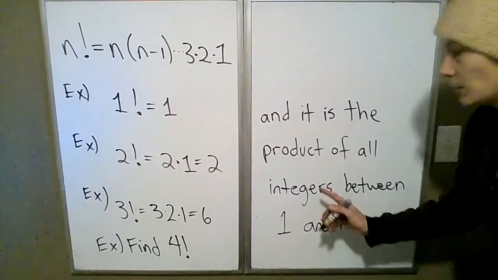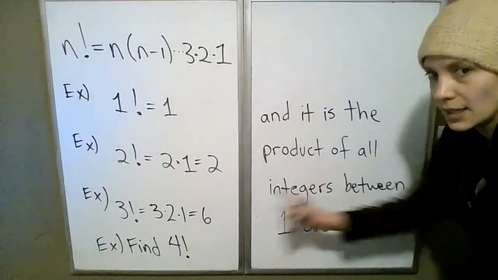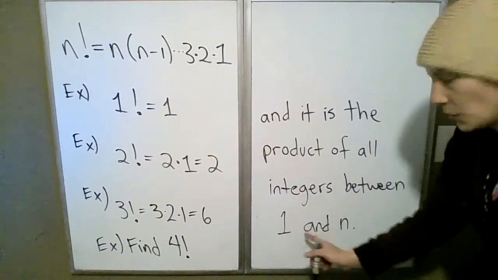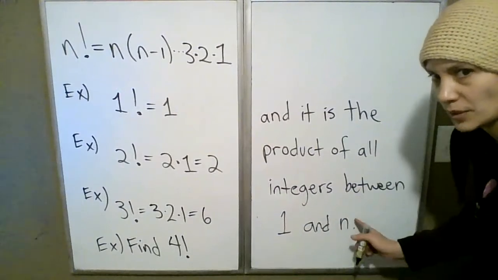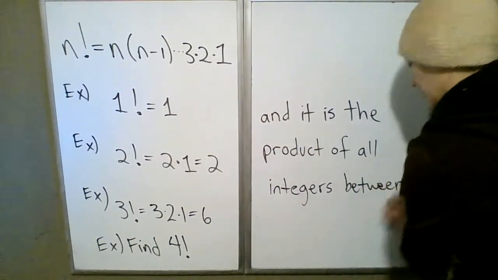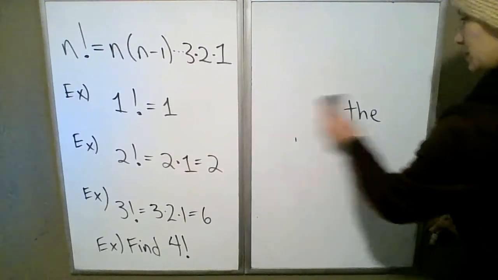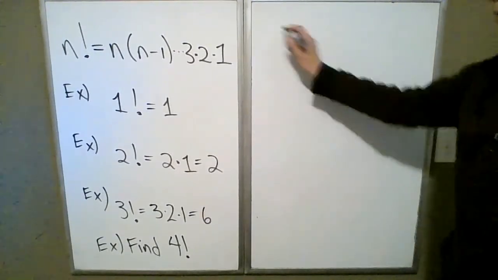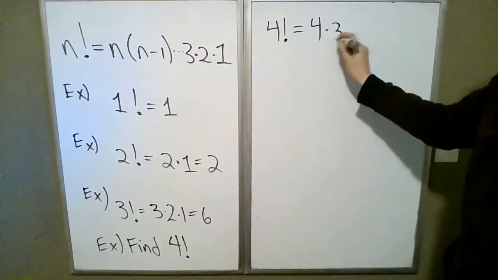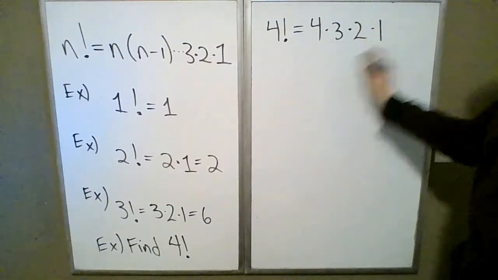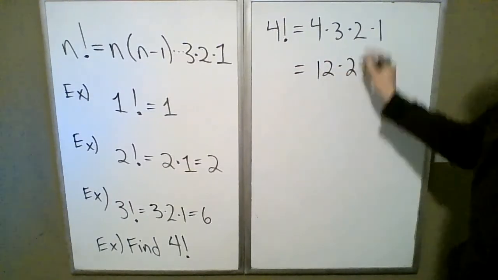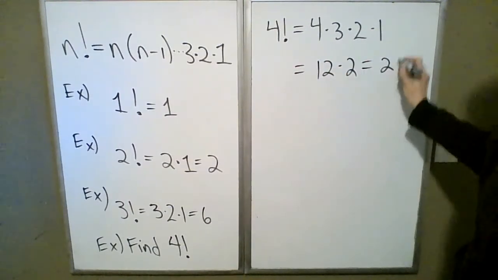Okay, so using this really quickly, 4 factorial is the product of all integers between 1 and 4. So we're going to multiply 4 with 3 with 2 until we get down to 1. Let's see, this would be 12. It's 24.